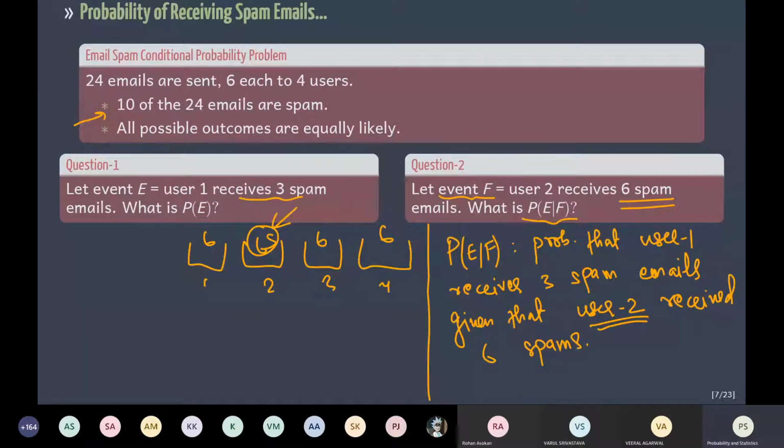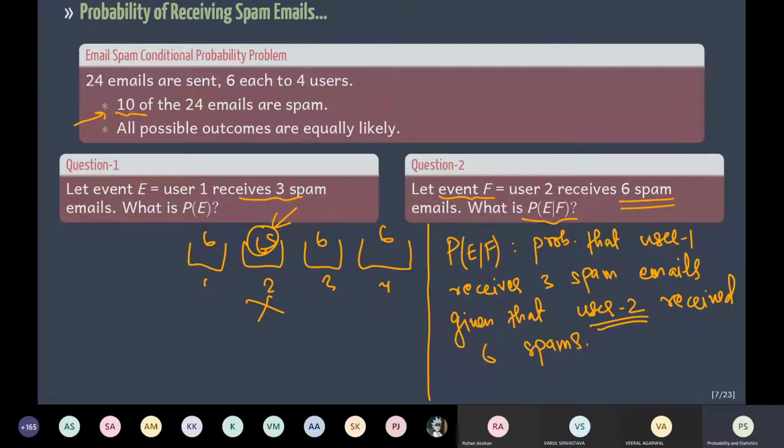Now I'm already given that F has happened, so I can reduce the spam quota to start with, because there is nothing undeterministic about this person.